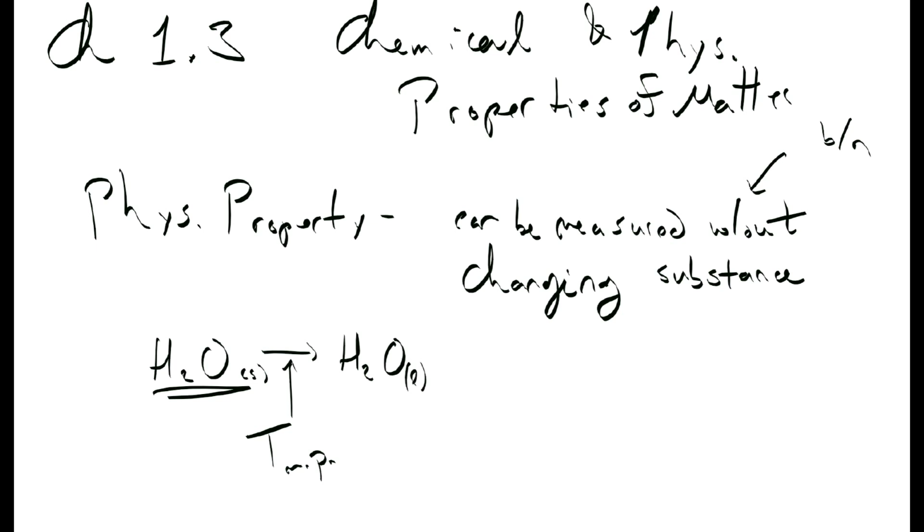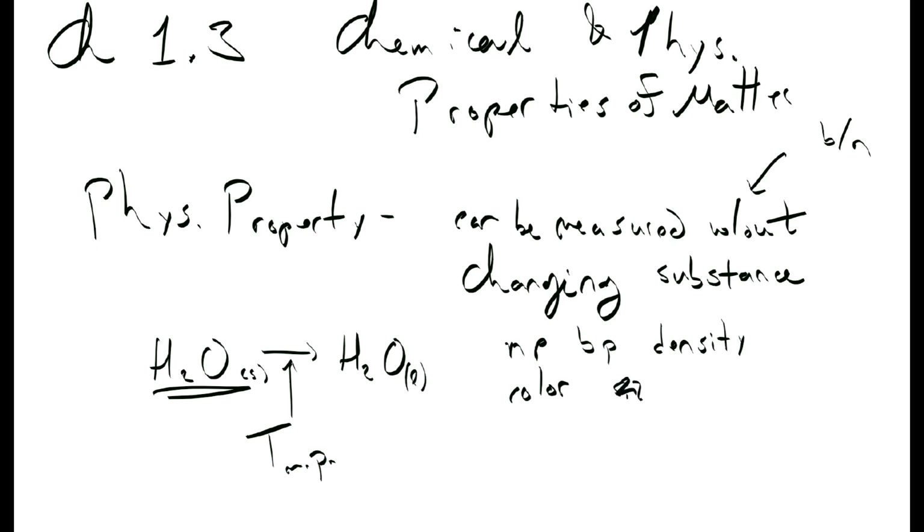So examples of physical properties would be things like the melting point or the boiling point, phase change temperatures. Density is a physical property of the substance. That's how much matter there is per unit volume, how much matter you pack into how much space. Let's see, what else would be, color is a physical property.